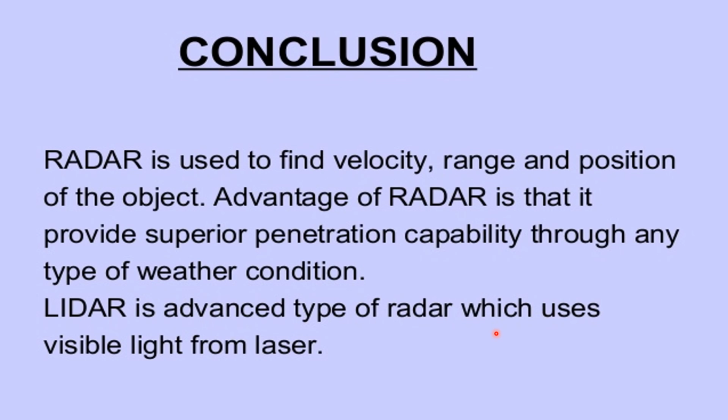Also for hidden objects underneath the earth, and for defense and air defense systems, land as well as maritime defense services, or civilian or any kind of military applications. The lidar is one of the advanced types of radar that uses visible light from a laser to do the same operations as radars.